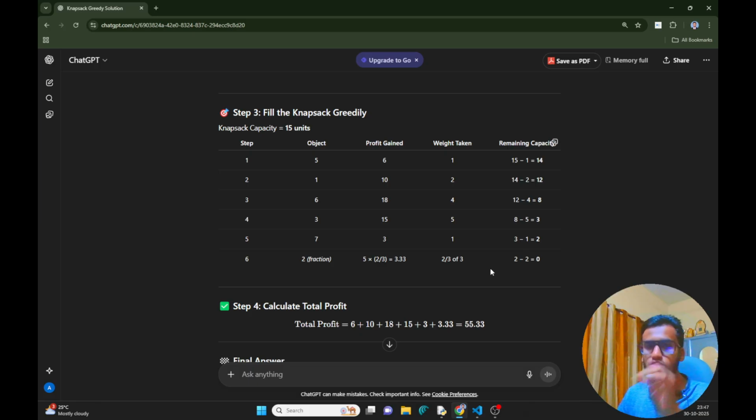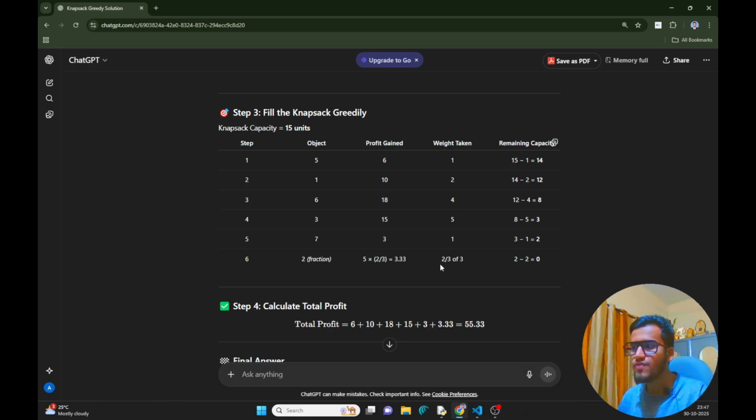Right. So what we do, we will convert it into a fractional part. So what we do, 2 divided by 3. When we do 2 divided by 3, we will get the value of only a product of 2. So 2 minus 2 is equal to 0. Then the capacity becomes 0. There is nothing to put.